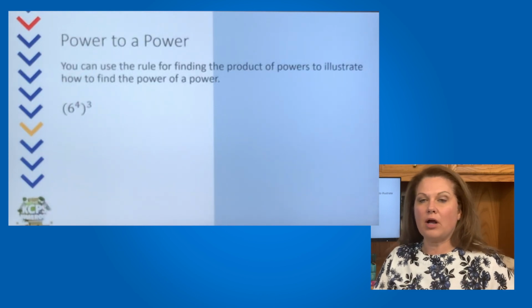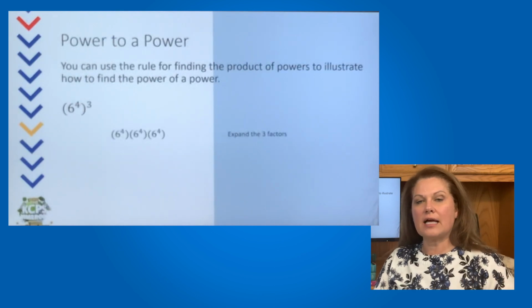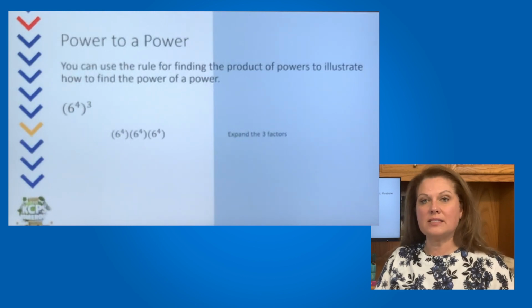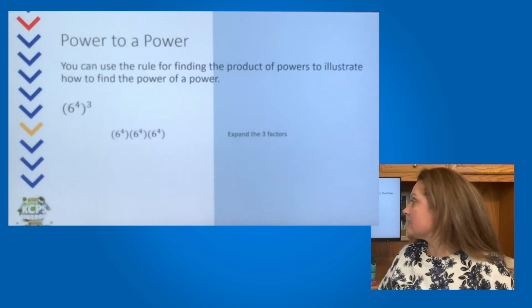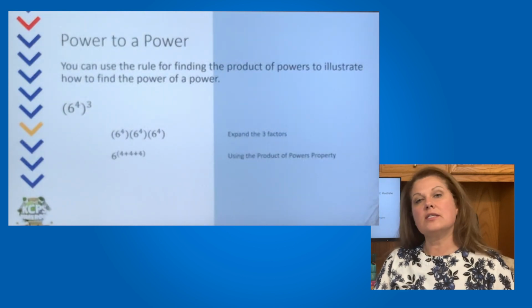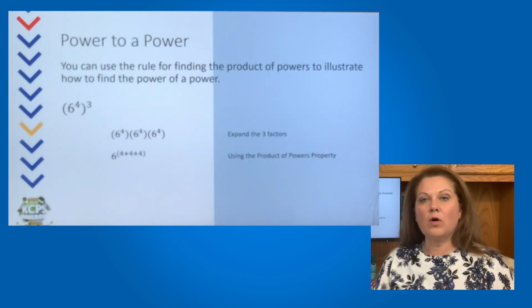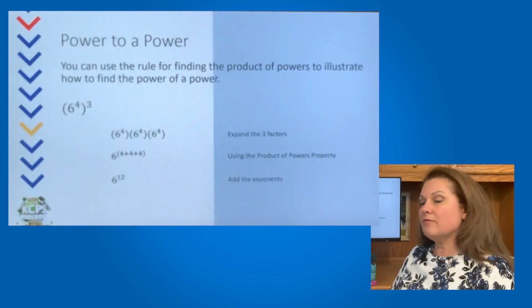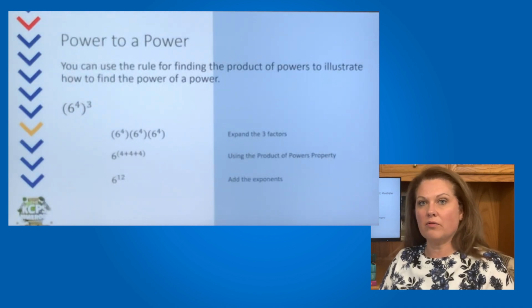And our product of powers says if we expand that out, it looks like this: 6 to the 4th power times 6 to the 4th power times 6 to the 4th power. And we have the same base, so we simply add our exponents. So it would be 6 to the 4th plus 4 plus 4. 4 plus 4 plus 4 is 12. So our simplified version of 6 to the 4th to the 3rd would be 6 to the 12th.